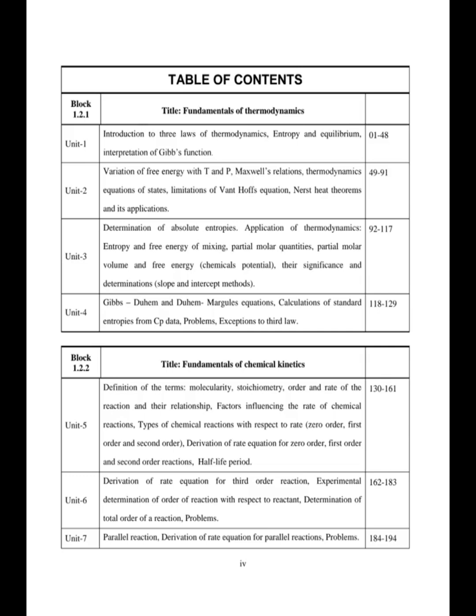In the second block, we are going to study chemical kinetics, fundamental techniques in chemical kinetics, rate constant, half-life period, and determination of order of reaction. This we are going to study in the second unit.